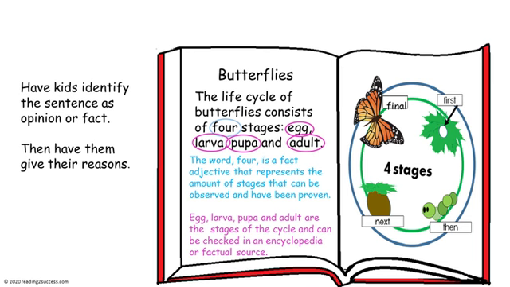And another reason was egg, larva, pupa, and adults are the stages of the cycle and can be checked in an encyclopedia or factual source.